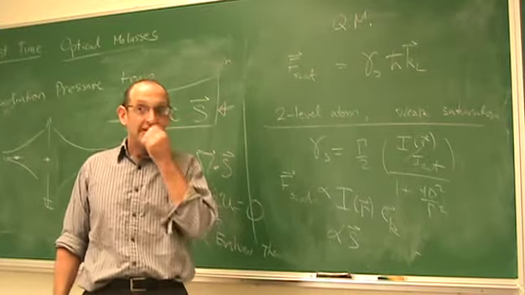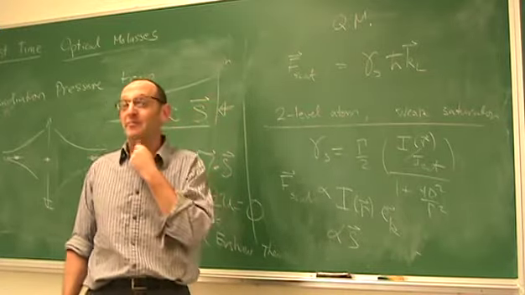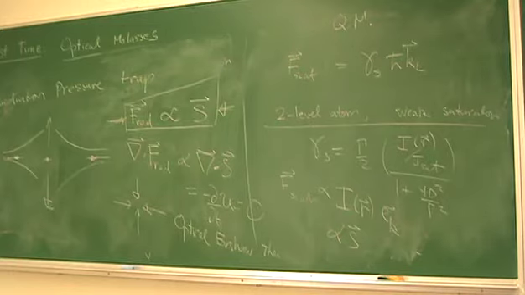Our atoms are not two-level atoms. They always have multiple sublevels. They have to, even in the most trivial description of my atom, if I'm going to have a dipole allowed transition, say an S to P transition.